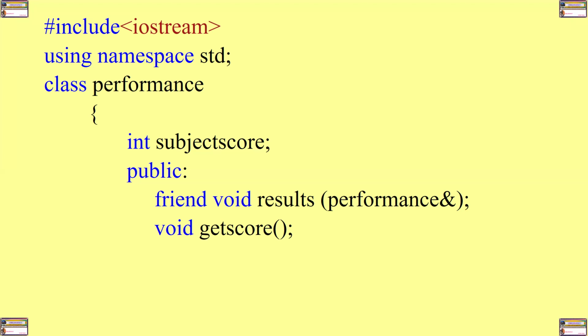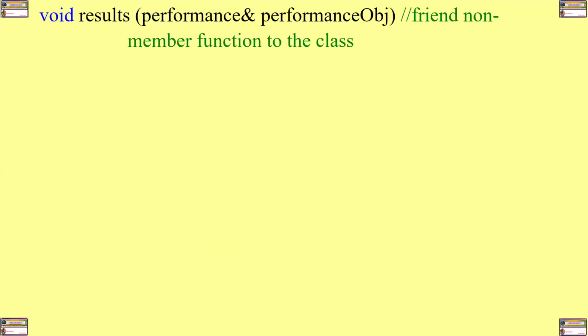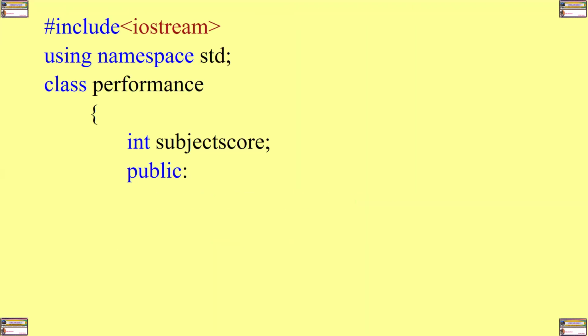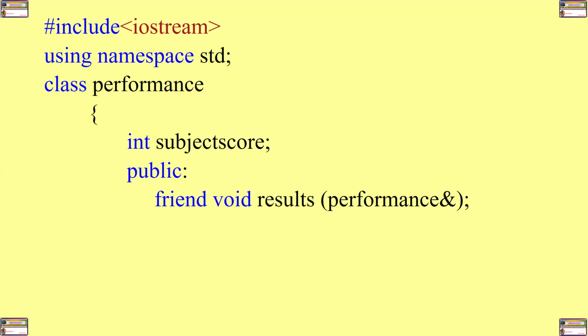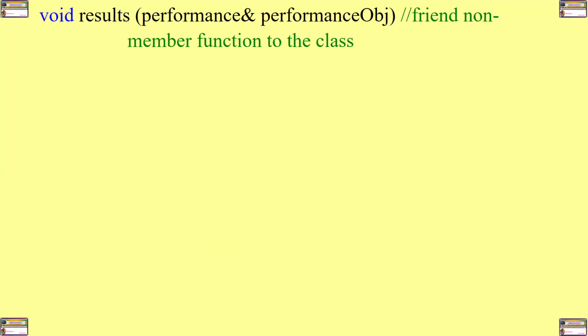This is a method that is not expected to receive any parameter and is not expected to return any value. So that's the end of that definition for the class performance. Now, we move on and define the function called results. Just as I've said, you can see that results is a friend for the class called performance. Now, outside of that class, we define the function called results.